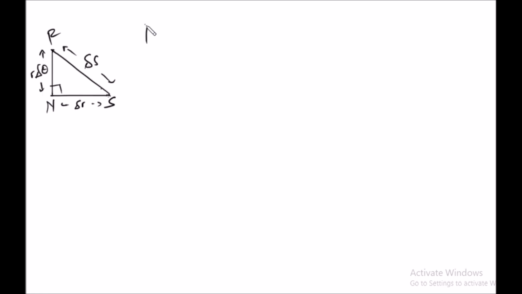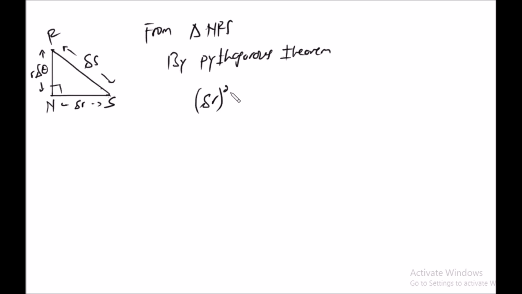So now by Pythagoras theorem from hii triangle NRS, tunaona kwamba delta r squared jumlisha r delta theta squared ni sawa na delta S squared.